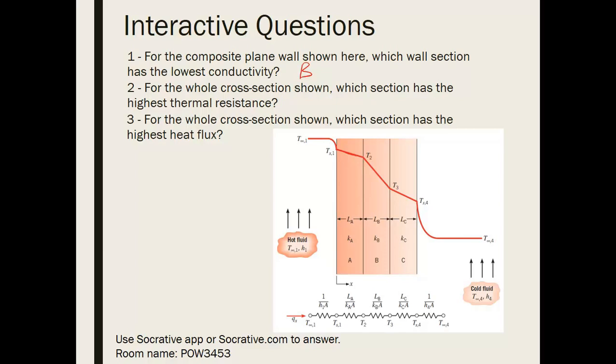So question 2: for the cross-sections shown, which section has the highest thermal resistance? This could be any section now. It could be the convection or one of the conduction sections. It's a little bit trickier to tell, but you see the biggest temperature drop on convection here, on the room on the right.